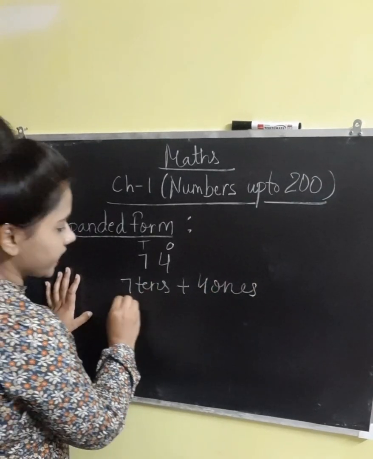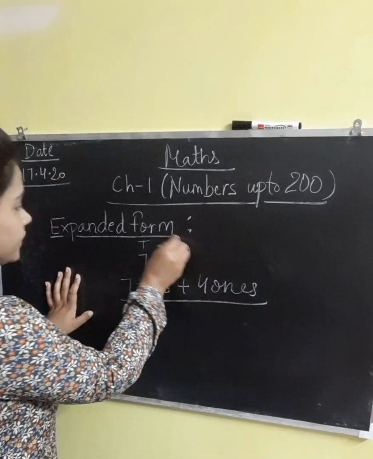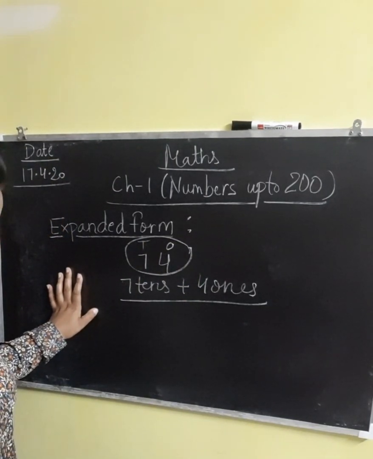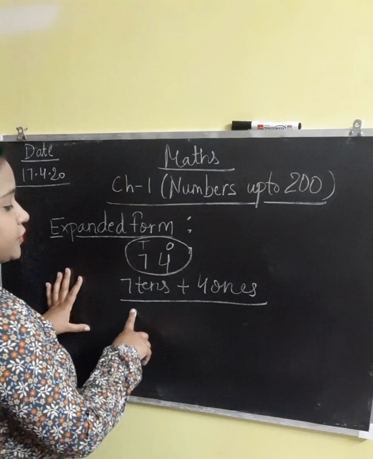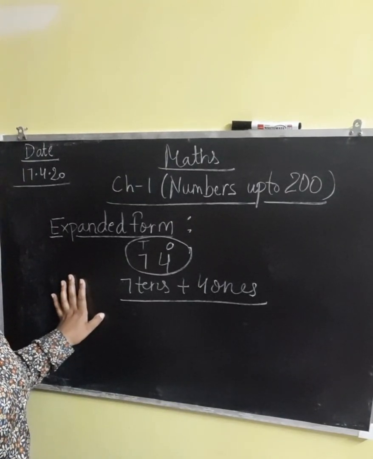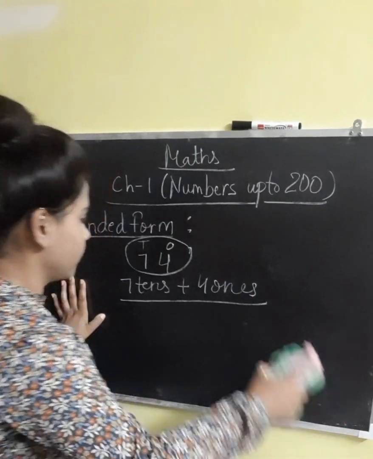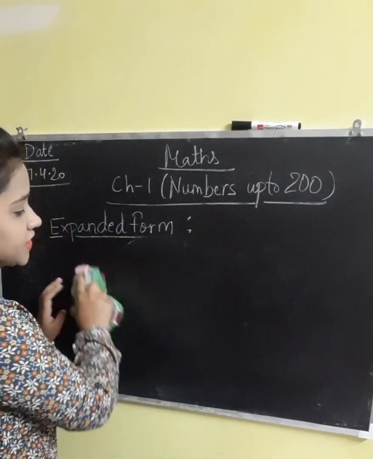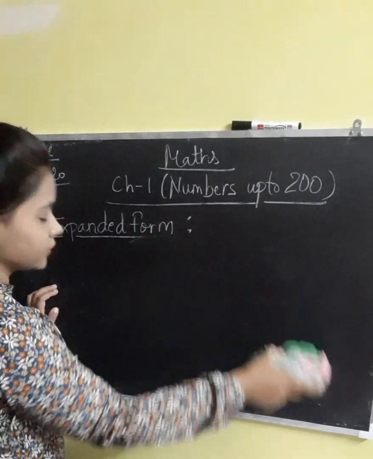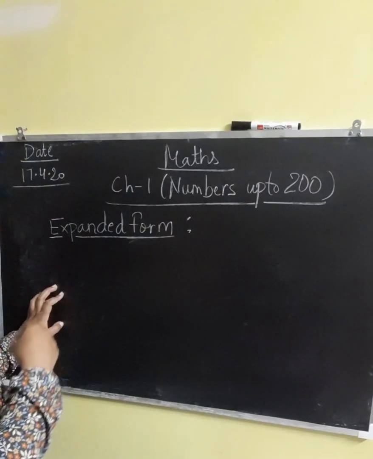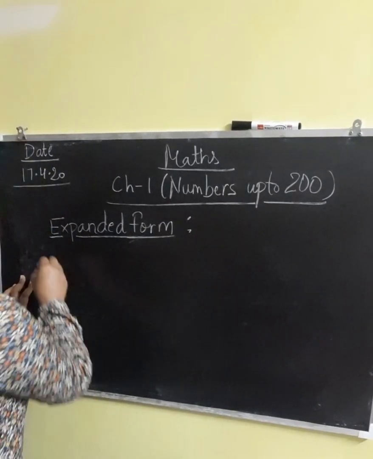So this is the expanded form of 74. Okay, so I am giving you some digits here and you all are supposed to write down the expansion form of your digits. Okay, so let's start the work. So this is just for example, you are not supposed to write down this one. Just write down this one, which I am going to start here now.